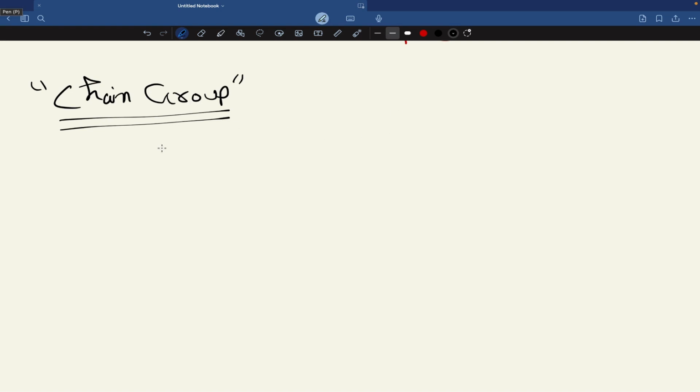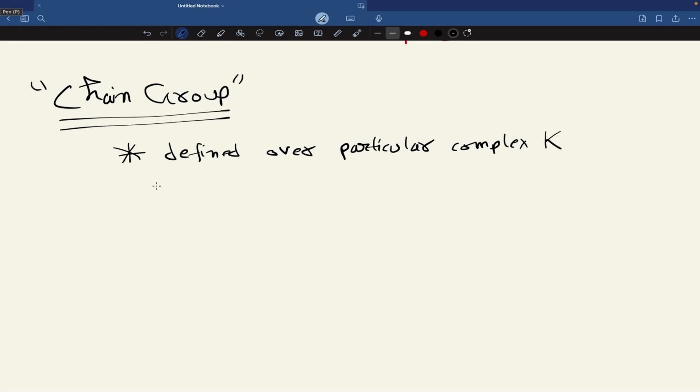So one thing is sure, that this chain group is defined over a particular complex K. Also, it is defined over a particular dimension, or a particular type of simplices.